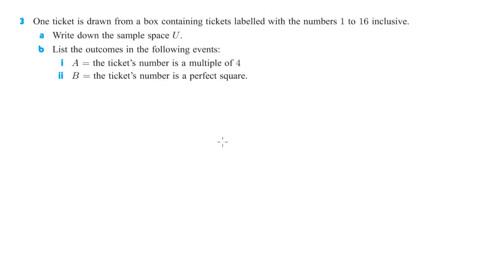Okay. All right, number 3. One ticket is drawn from a box containing tickets labeled with the numbers 1 to 16 inclusive. Write down the sample space U. For that, I would do U equals, and then we do our brackets here and list off all the numbers 1 through 16.